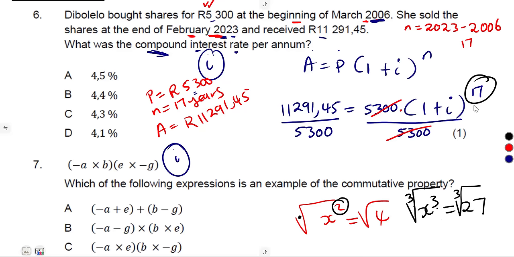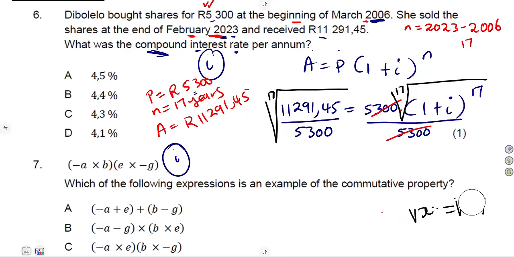So our exponent is 17. So we're going to introduce the 17th root of this. Then we do the same thing here, 17 inside the root. So this neutralizes or cancels this exponent.